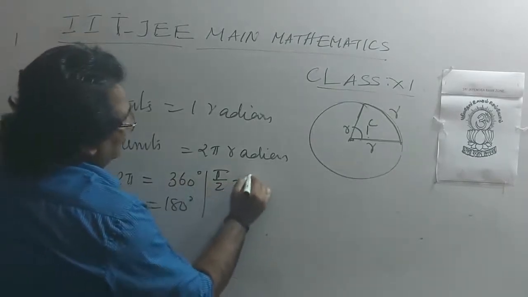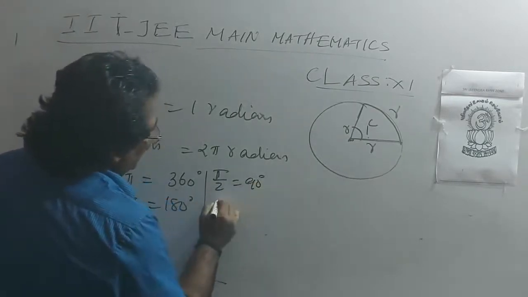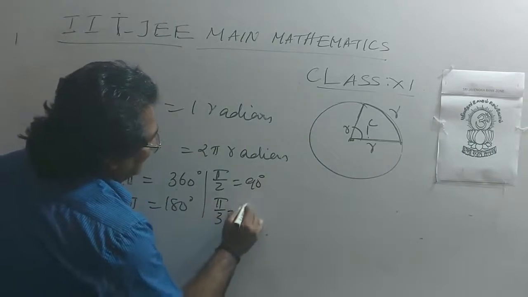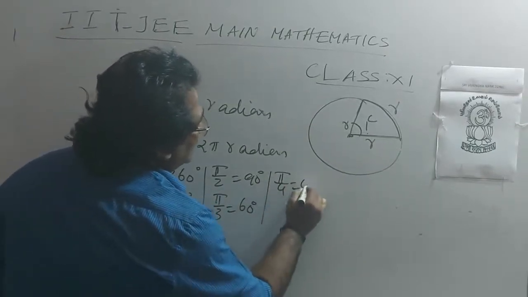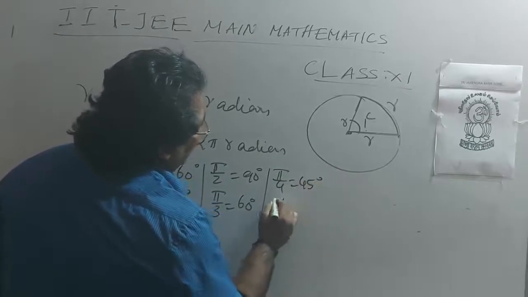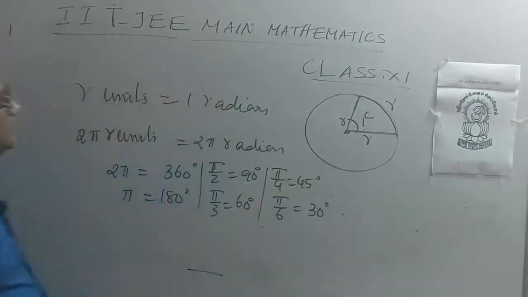Pi by 2 is 90. Pi by 3 radian is 60. Pi by 4 is 45. Pi by 6 is 30 degree.